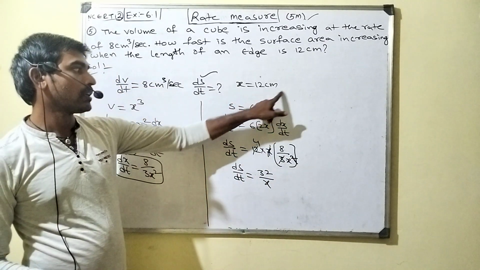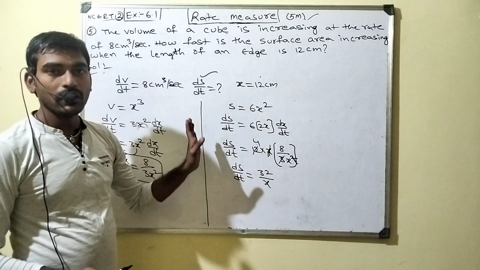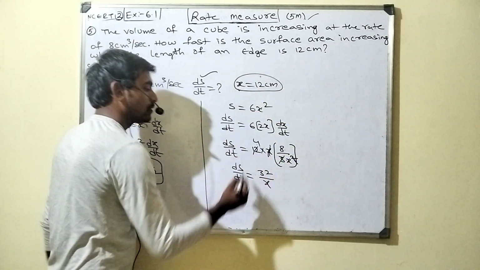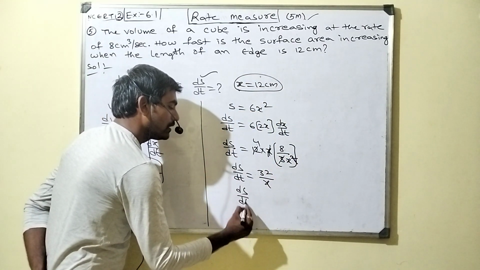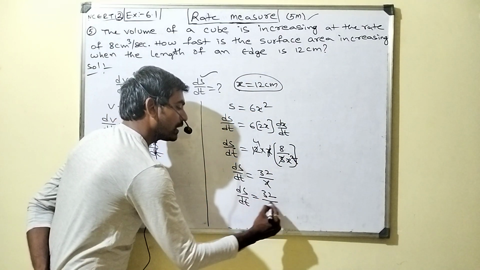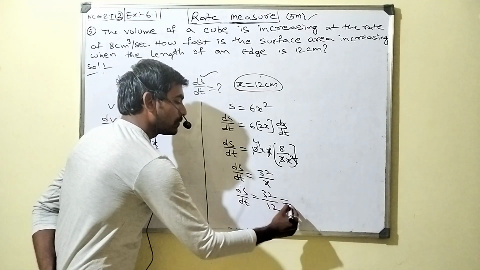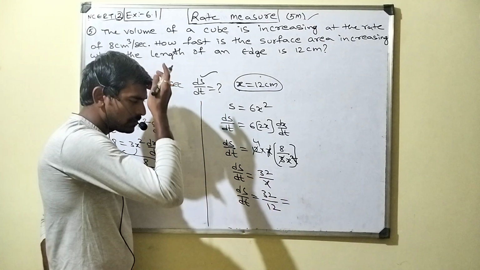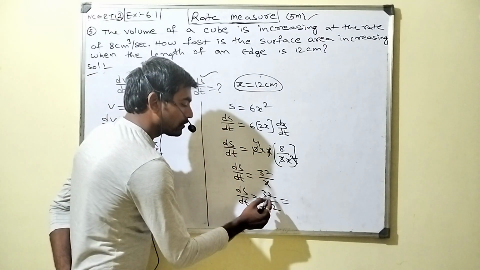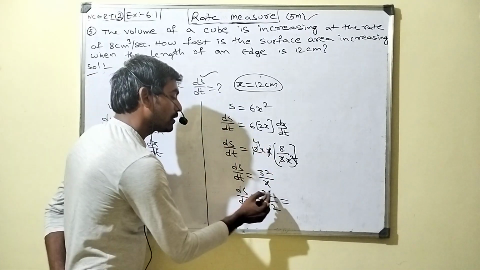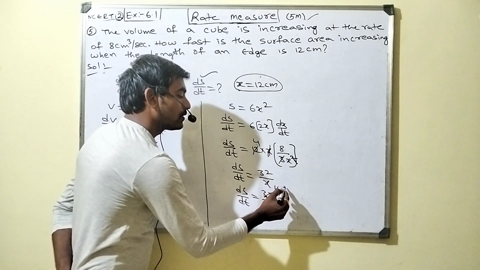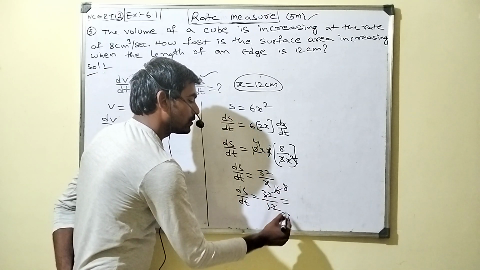In the given question, x is the length of an edge. X is given as 12. So dS by dt is equal to 32 by 12. Now let me do some calculation using the 2 table to help you understand: 16 sixes, again 2 eights and 2 threes.